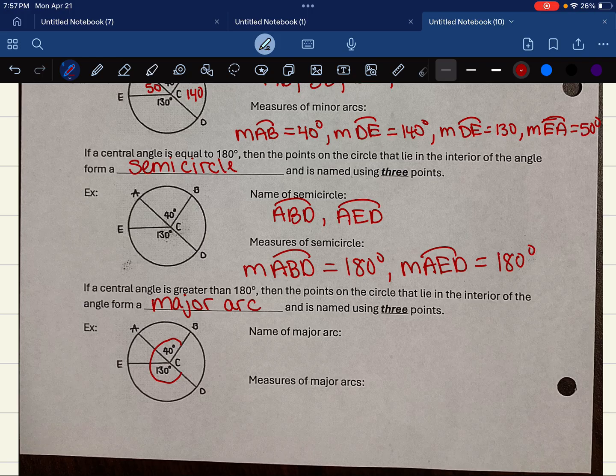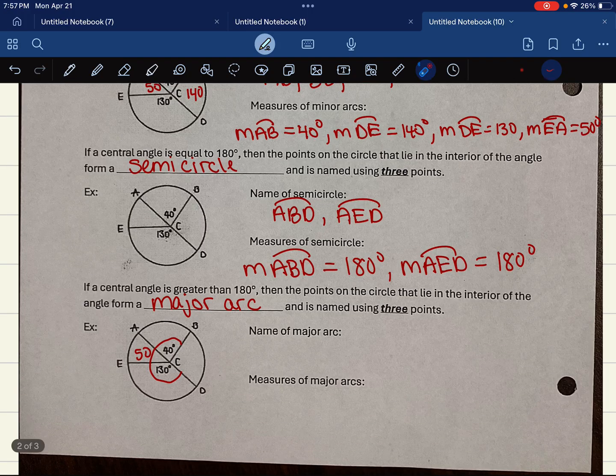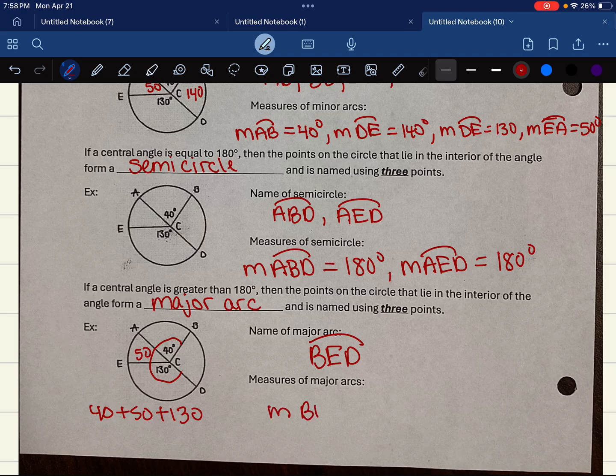Which we remember that inside one was equal to 50. So again, we name it with 3 points. So we would say B, E, D. You could call it BAD, doesn't matter as long as you use 3 points. So BED is our major arc. And then the measure we find by adding 40 plus 50 plus 130. So the measure of arc BED is equal to 220 degrees.